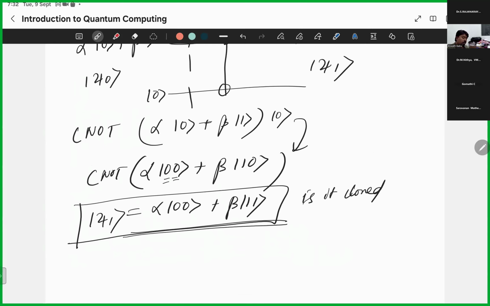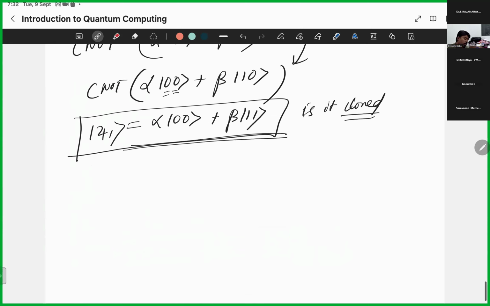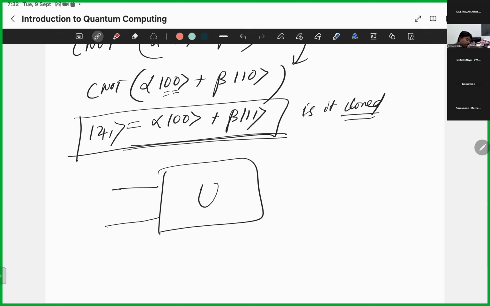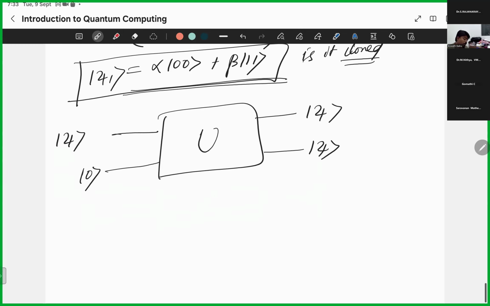What is meant by cloning? Let's say I have a box with a unitary gate. If I send some quantum state psi, along with an ancilla 0, I should have the quantum state psi coming out here and also here. What is my psi?